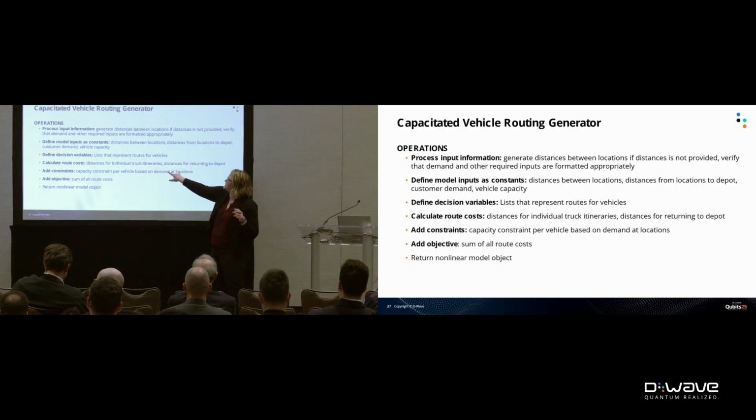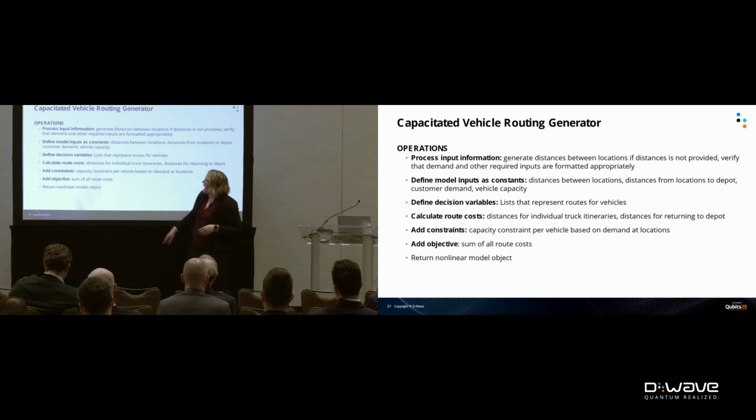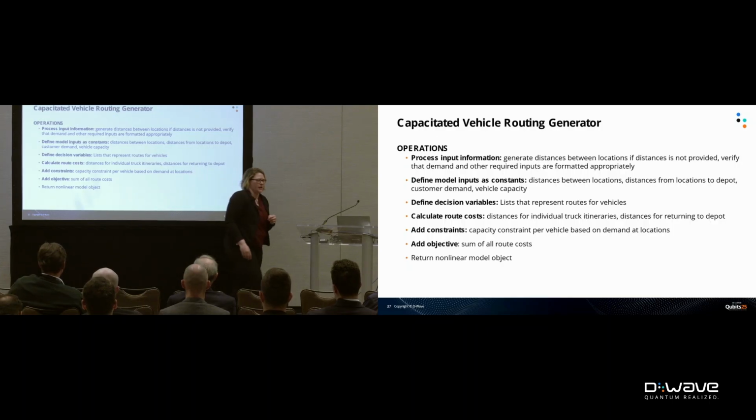So we put together, okay, these are my routes, use those indexing nodes, add everything together. We'll add constraints here. Remember, we didn't talk about that before, so we'll start adding our capacity constraints. We'll restrict the amount of items that the truck is carrying. And then we'll add the objective. We'll add all the route costs together, put it in our objective function, and return the model object.